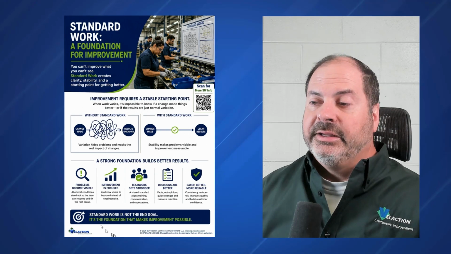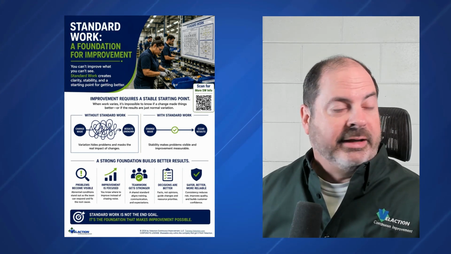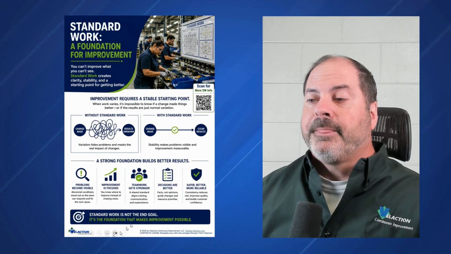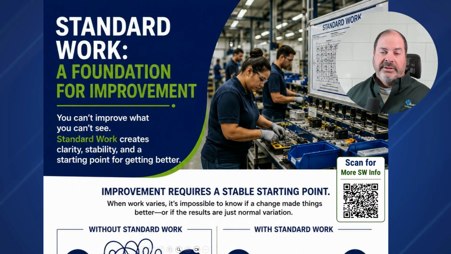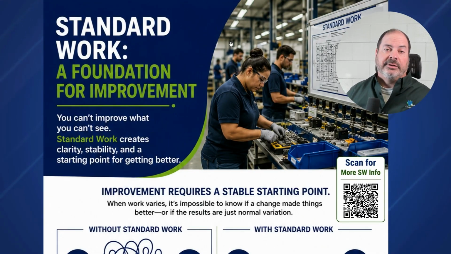So the idea here is that standard work is a very focused type of standardization. If you look at some other videos on what it is, there are some components to it. Standard sequence of operation is one of them. And what that does is it makes things very visible if you don't follow your standard work, or if you have a problem, you can figure out exactly where it is.